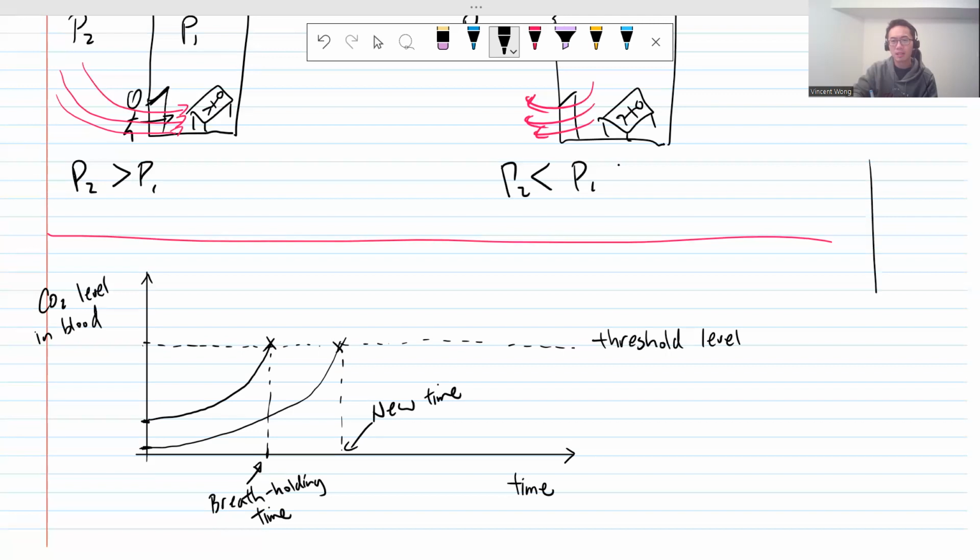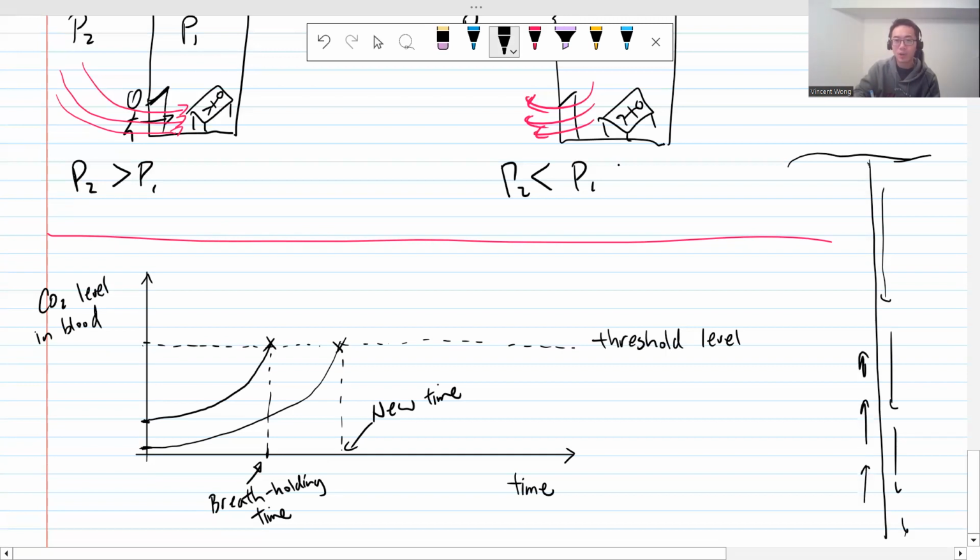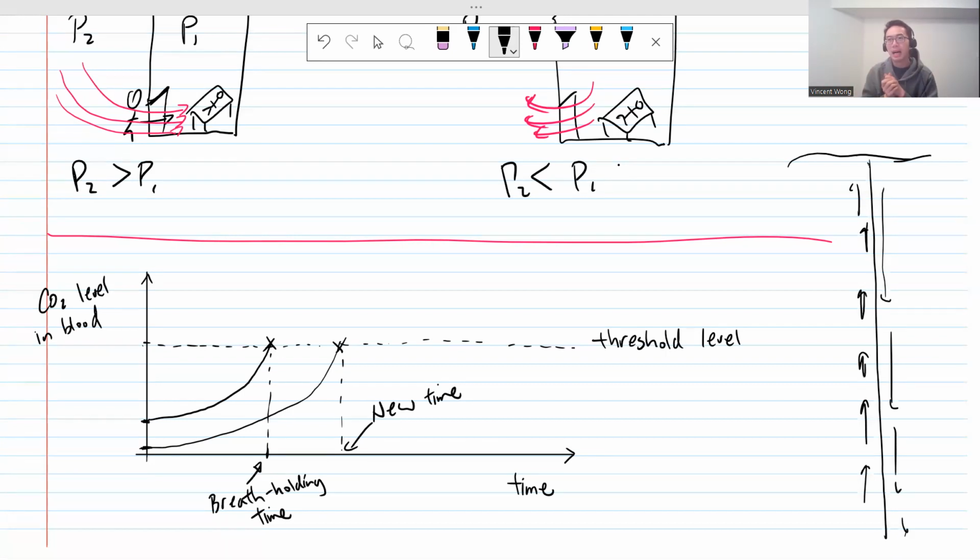It's about this lady who set multiple records, okay? So this is the water surface, and then there's a line, and then you just go as deep as you can. And then there's a tag at the bottom of the line that shows you how deep you go, and then you come back up. Okay, and this whole time you don't have any breathing apparatus or anything like that, right?